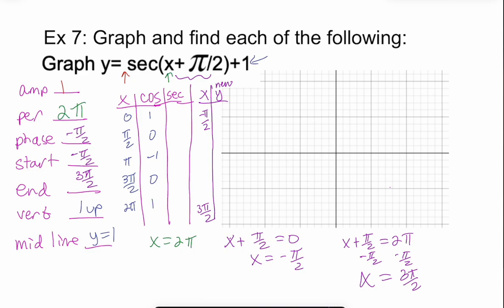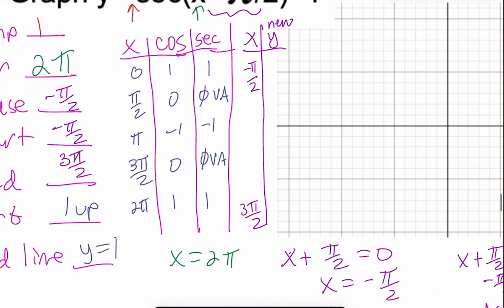So our secant goes 1, undefined, which is a vertical asymptote, negative 1, undefined, which is a vertical asymptote, and then 1 again. So we always know for a secant, we kind of get some bonus stuff for free. Okay, so let's break this apart.